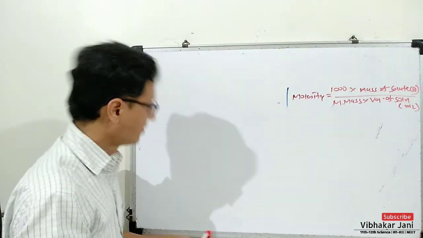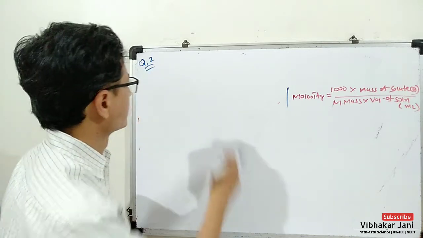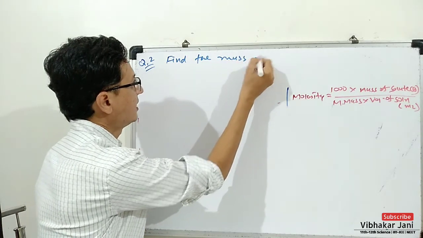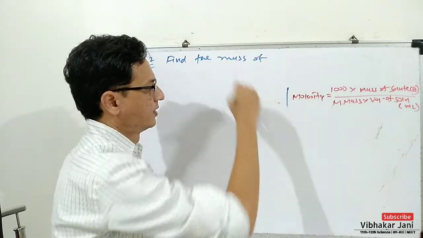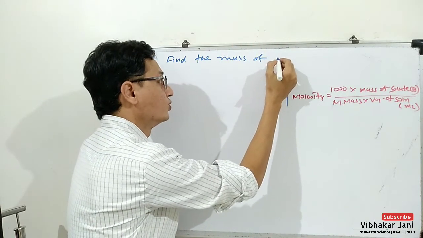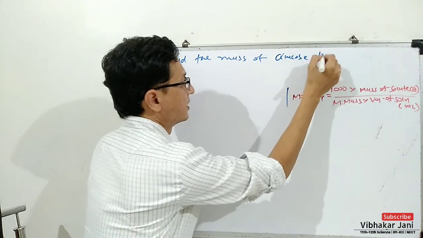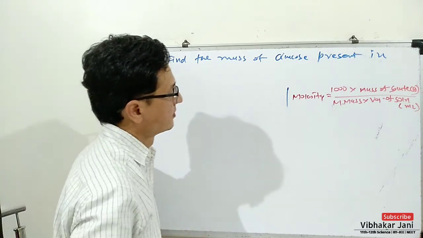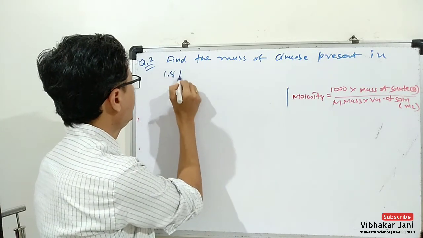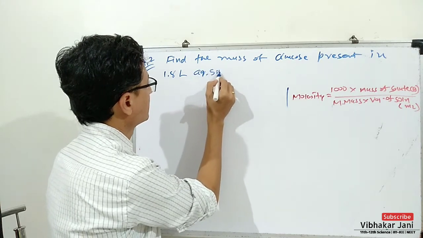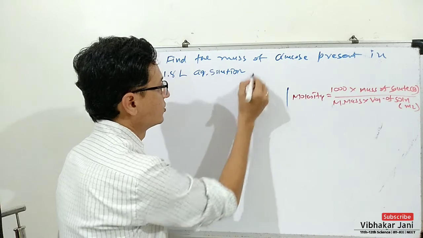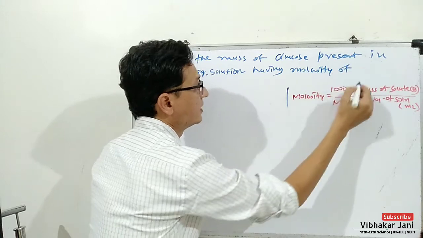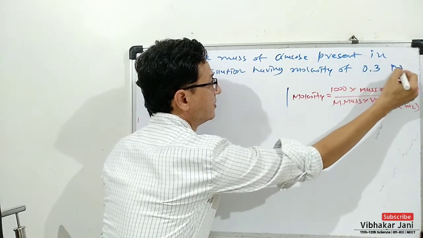Question number 2. Find the mass of glucose present in 1.8 liter aqueous solution having molarity of 0.3 molar.